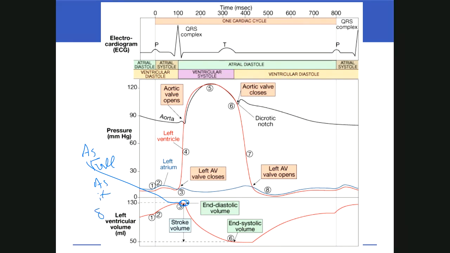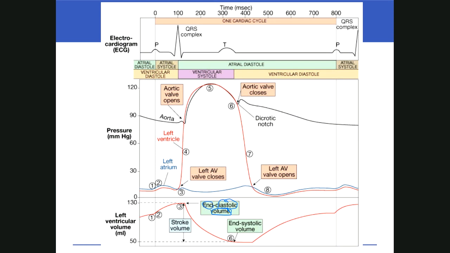And there's a name for that. It's the end diastolic volume, or the EDV. And look at what that word means. Diastole means relaxation. So it's the volume at the end of relaxation.